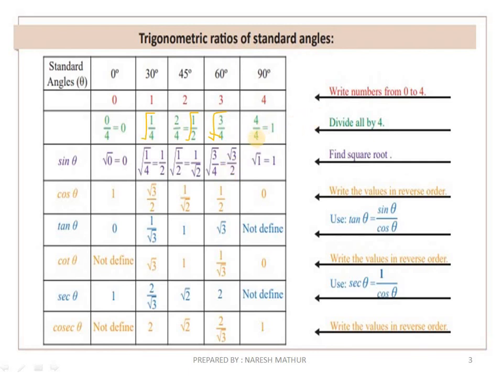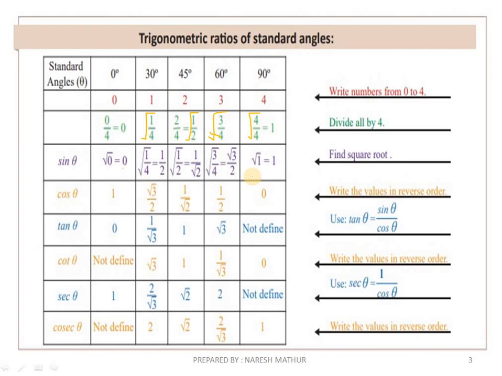And 4 by 4 is 1, so root 1 is always 1. By this method we get the values of sine theta. We will read it as sine 0 is 0, sine 30 is half, sine 45 is 1 by root 2, sine 60 is root 3 by 2 and sine 90 is 1.